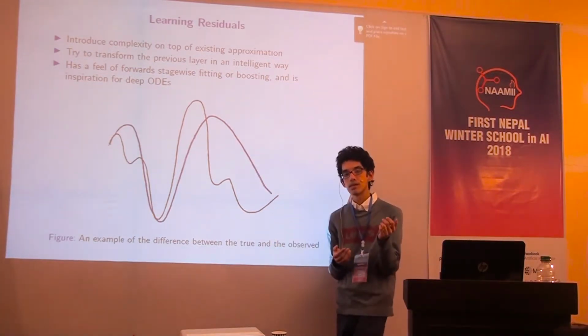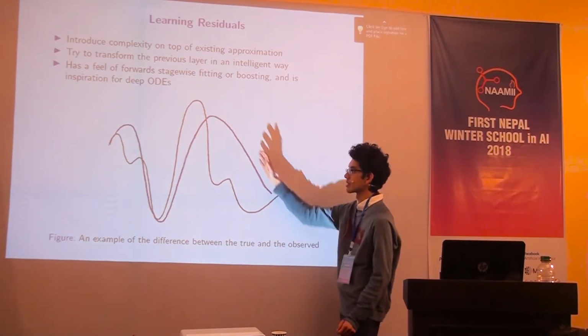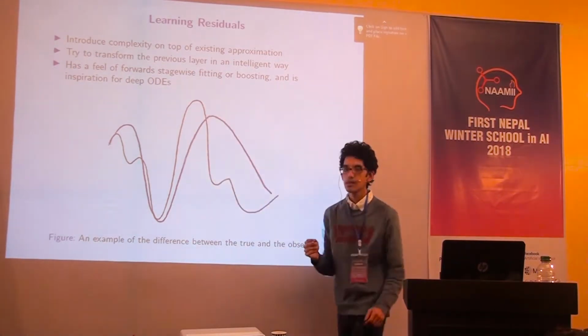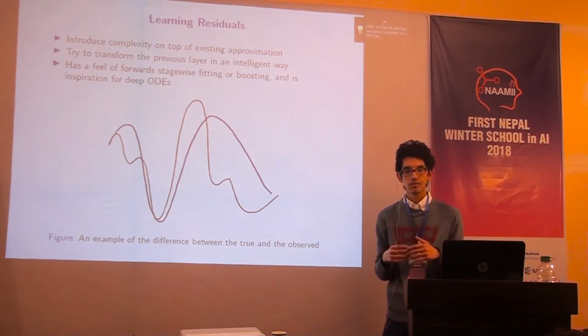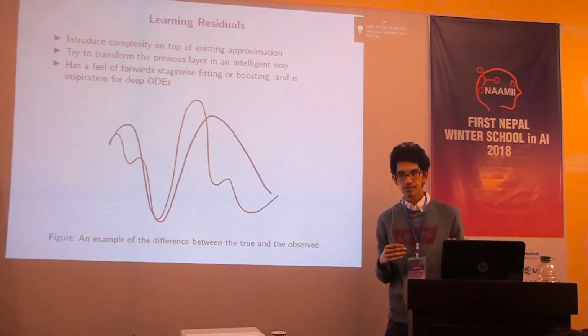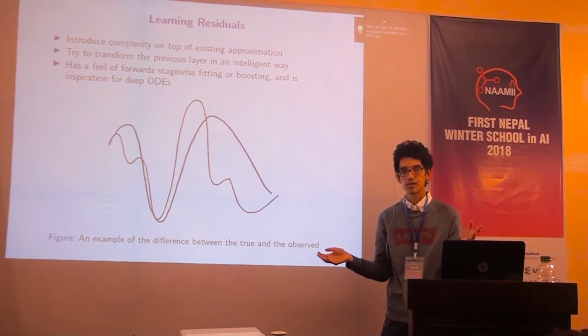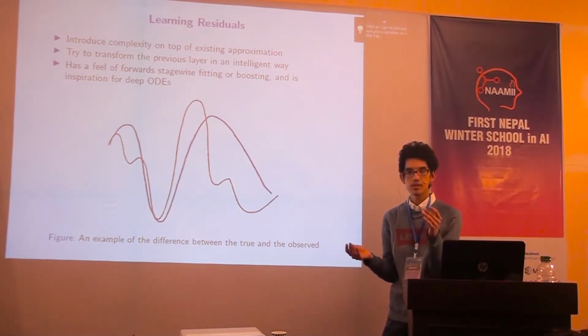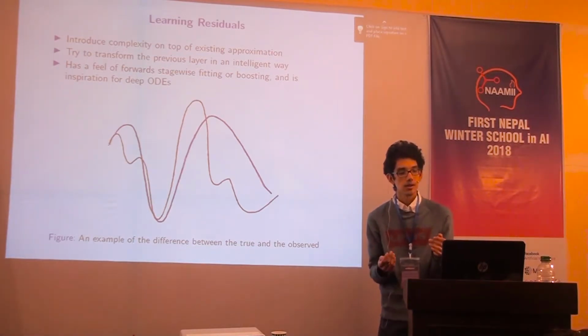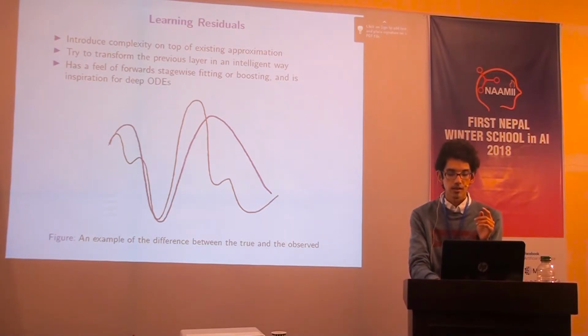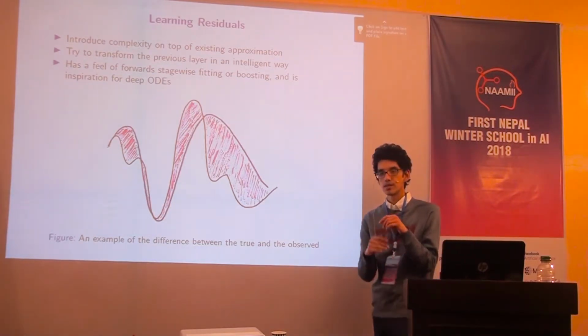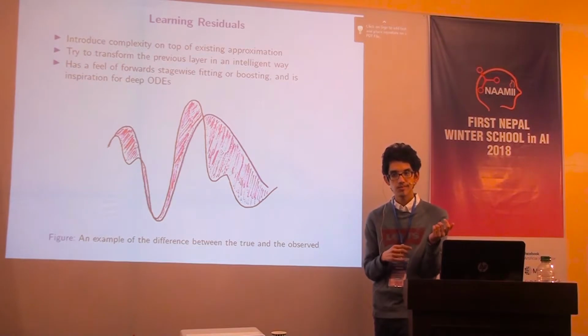But this is complicated. It's hard to get it exactly right that this has to decrease and this has to increase a little bit. It's possible using a series of deep learning layers, but it's a little bit trickier, compared to just trying to model the difference between the functions.